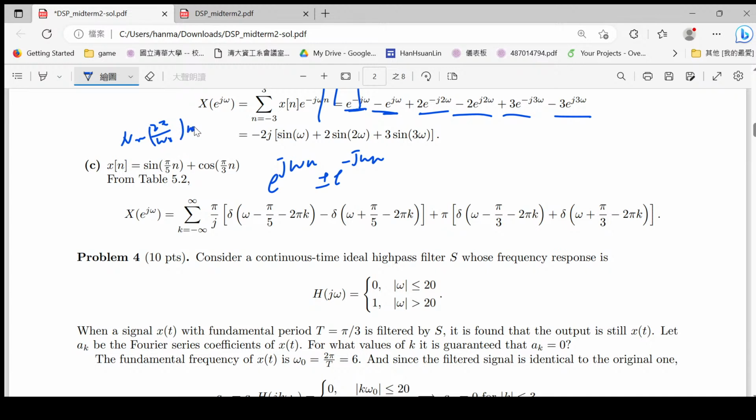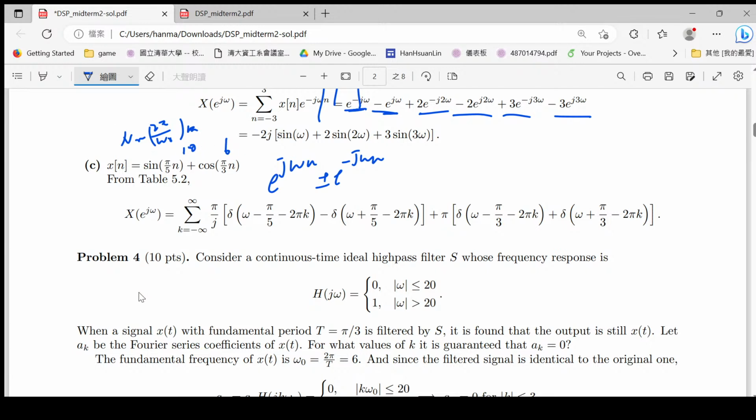So we have 2 pi divided by omega naught, and we get this is 10, and this is 6, and so you see that we have an integer. We have an integer period, and that's correct.